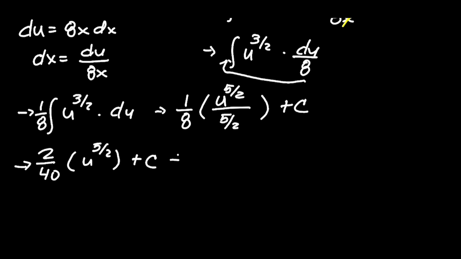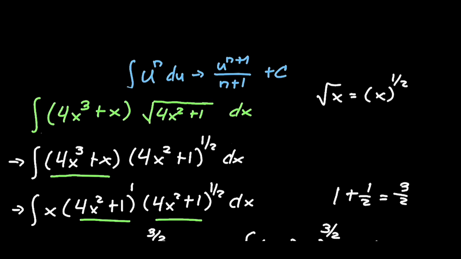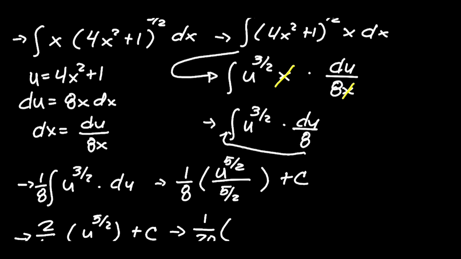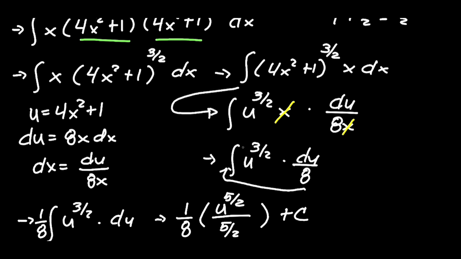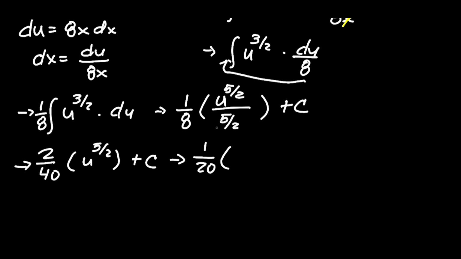So the final answer would be 1 over 20 multiplied by u, which will be 4x squared plus 1 raised to the power 5 halves plus c.